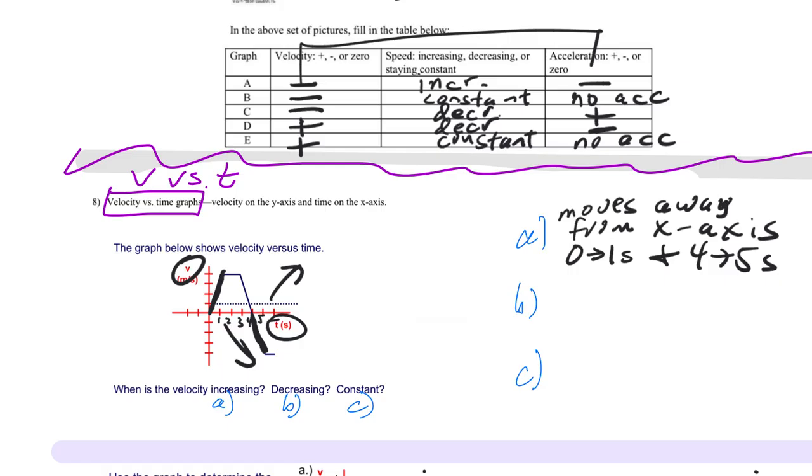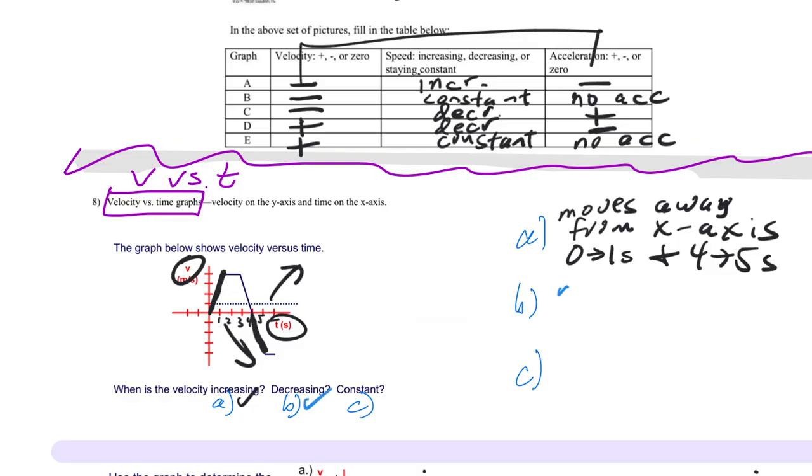Now, a lot of people get this mixed up. They think on a d versus t graph, if you have a straight line, that means constant velocity. And that's not so on a v versus t graph. Okay, so let's do the next one. Where is the velocity decreasing?